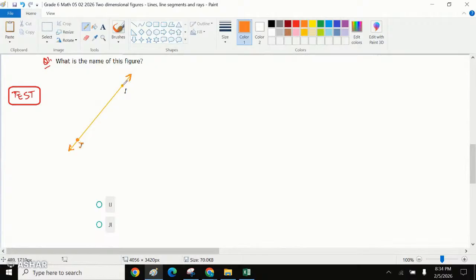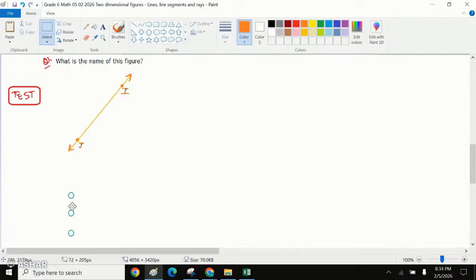It cannot be ji. So I'll change the options over here so that we can see what the possibilities are. Just a moment, please. I'll add 3 options.